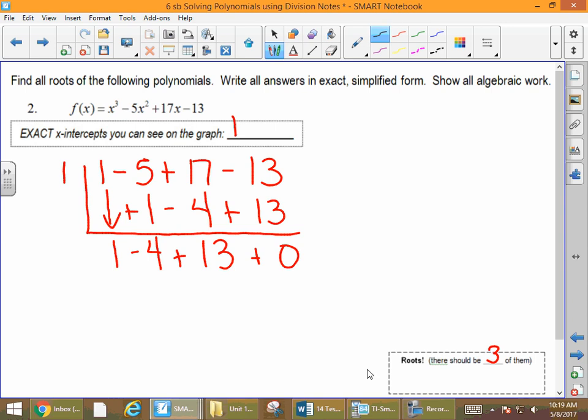We started with x cubed. When we divided, we ended up with x squared. And because of that, we now can use the quadratic formula or completing the square to come up with our remaining 2 roots. It's x cubed, so we need to have 3 roots.